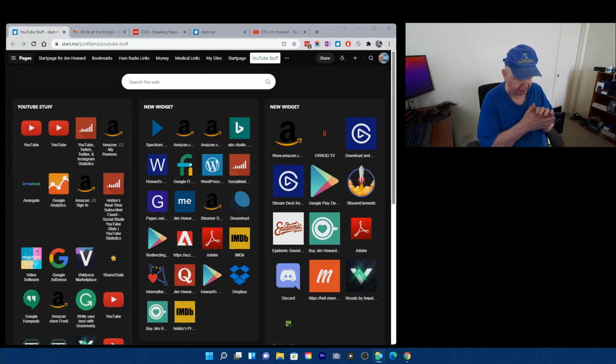These two monitors here are running on the Beeline computer, very small computer.